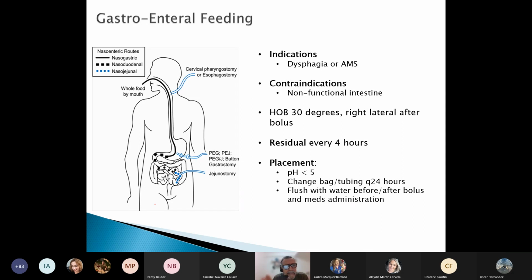Or people that have an obstruction because of any problem, tumors, etc., and then they cannot swallow the food. And for that reason, people need nutrition. Nobody can survive without nutrition, especially long-term.